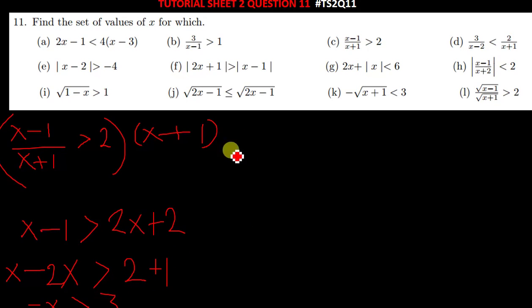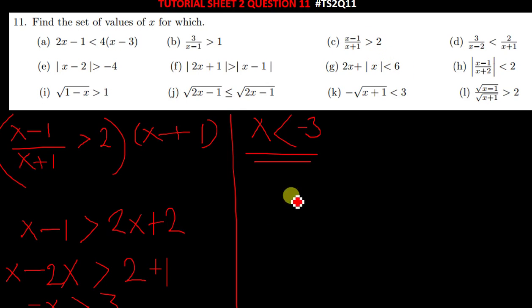So what you do again is you divide by negative, so meaning you're going to have x less than negative 3. So x is less than negative 3. You try to put any number that is less than negative 3 there, see if the answer that you get will be greater than 2, then you are correct. Then we move on to the next question.